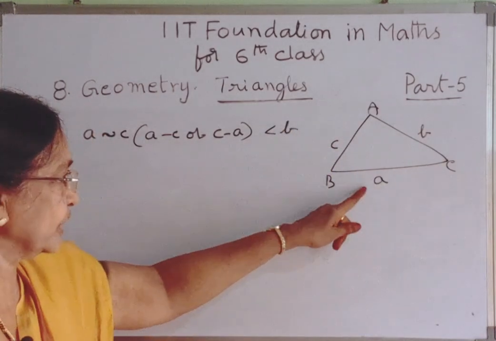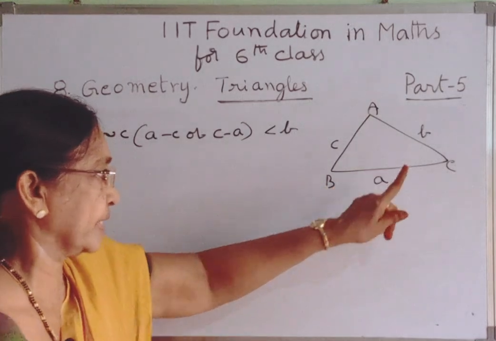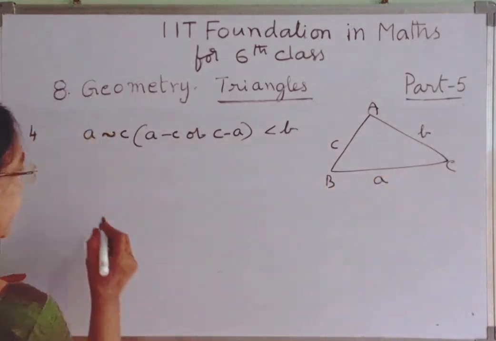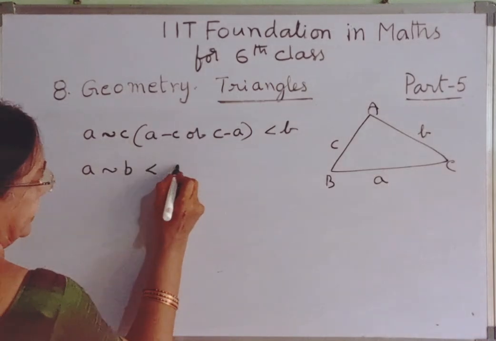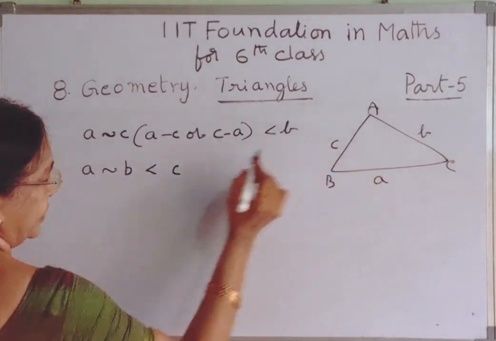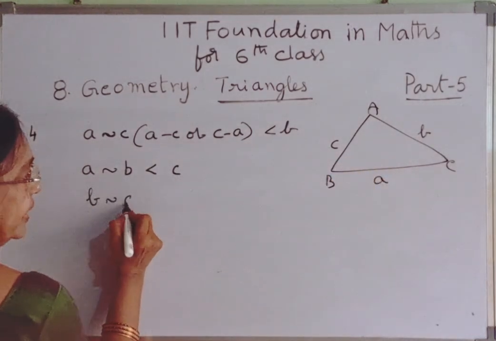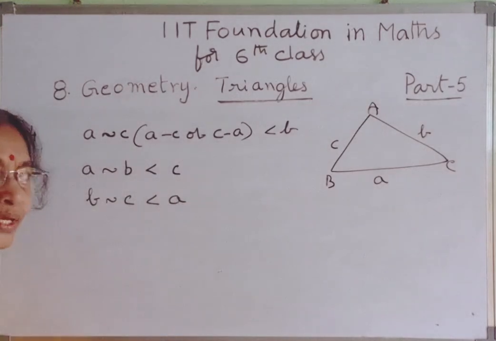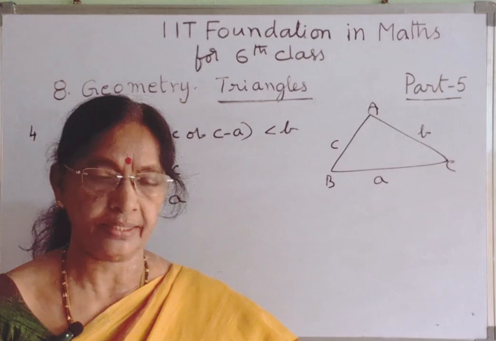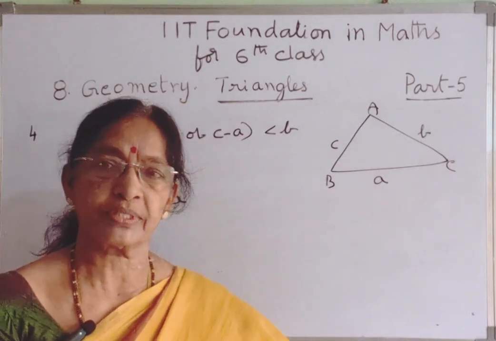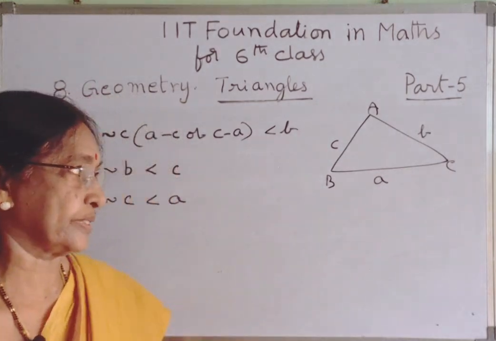So the difference of any two sides is less than the third side. If we take these two sides, the difference between a and b is less than c. Similarly, the difference between b and c is less than a. So the sum of two sides is greater than the third side and the difference of any two sides is less than the third side.